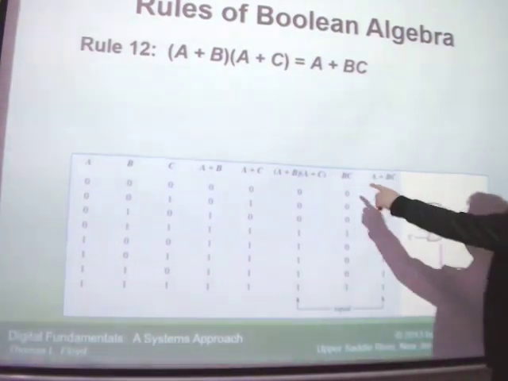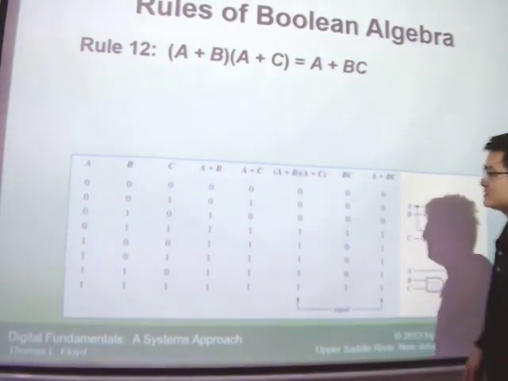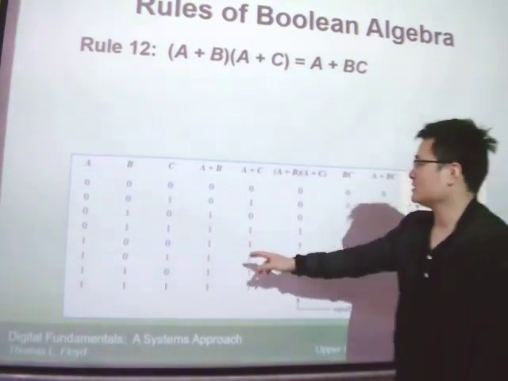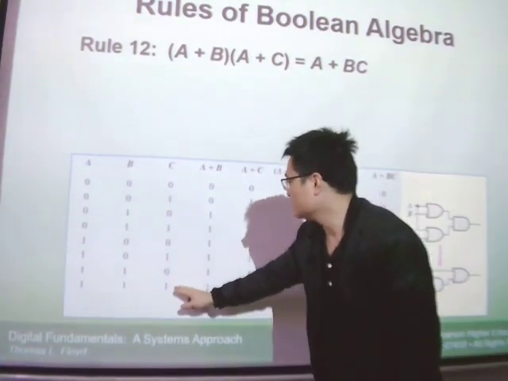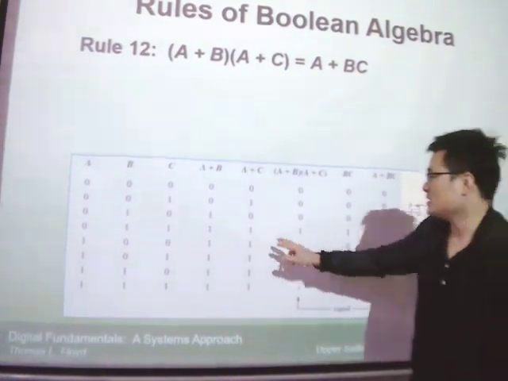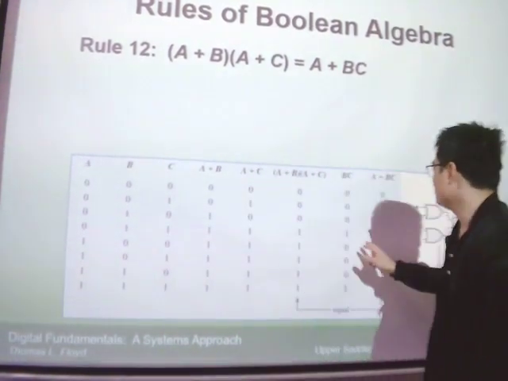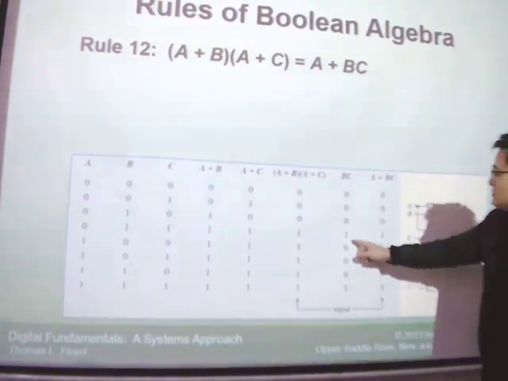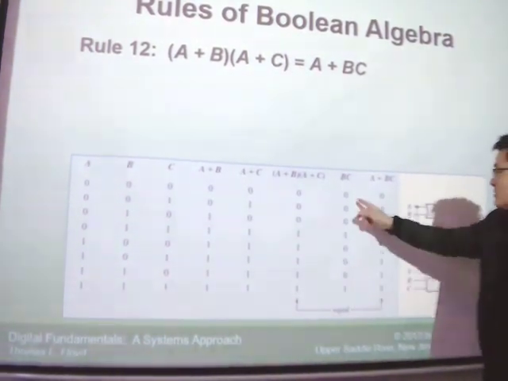Then B and C: 1 and 1 equals 1, and the others are 0.